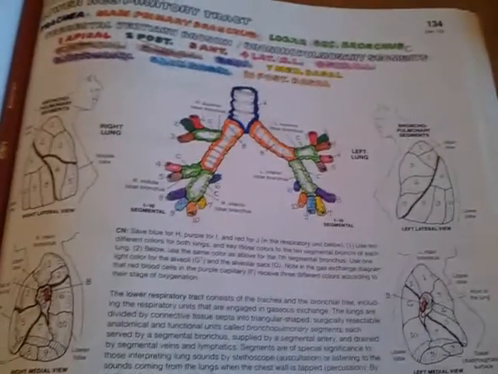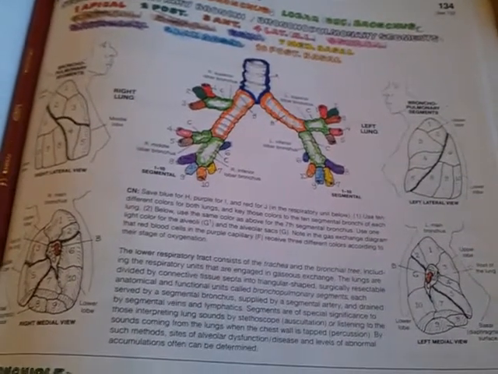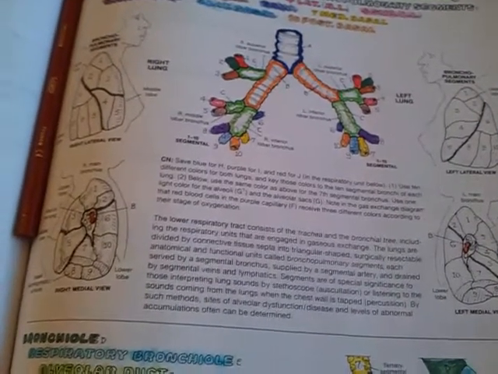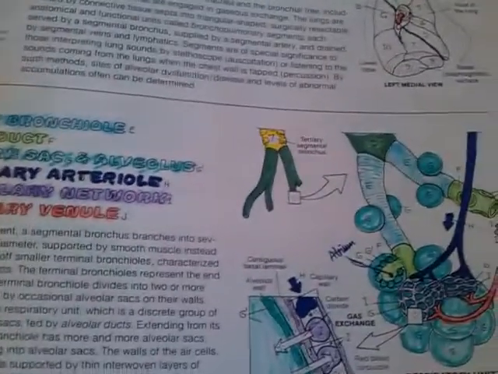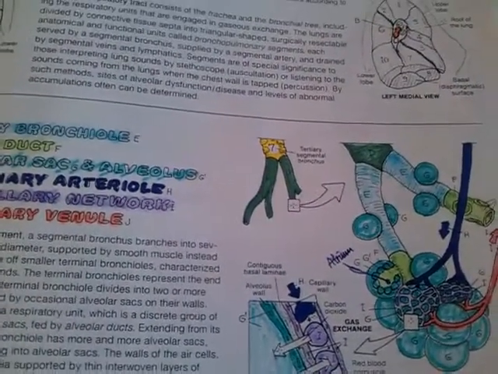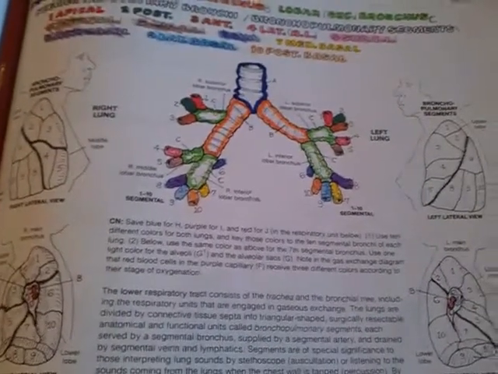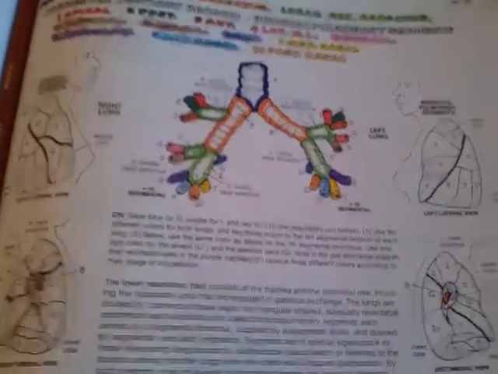Now the bronchial wall. The principal bronchi are of the same inner structure as the trachea, and the lobar and segmental bronchi contain pieces of cartilage embedded in fibromuscular membrane, and bronchi are lined with mucous membrane.